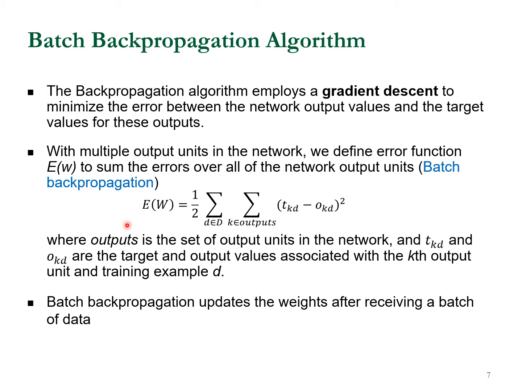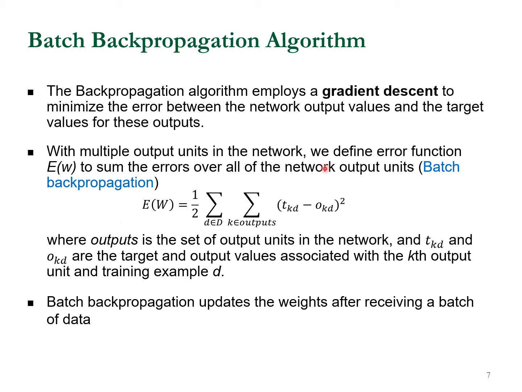In stochastic backpropagation, it reads one data, defines the error function based on that one data, and then updates the weight values using that one data. So in batch backpropagation, you read the entire data and then update your weights, and in stochastic backpropagation, you read one data and then update your weight values. That is the difference.